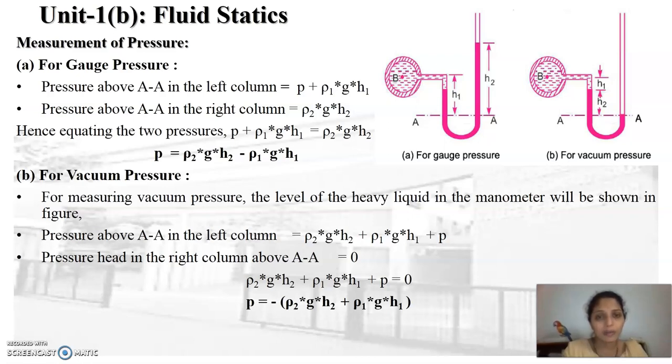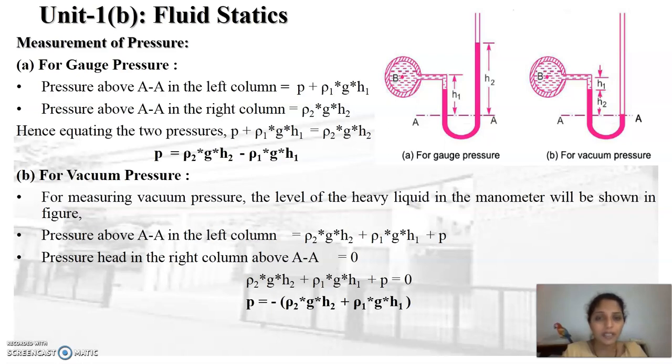Now we have to determine the pressure at point B. For the equilibrium condition above the AA line, the pressure in the left limb and right limb is the same. So we equate the pressures of the left limb and the right limb. Therefore we obtain that the pressure at point B is equal to ρ2gH2 minus ρ1gH1. So this is the formula. In that way we can determine the gauge pressure at a particular point B inside the tube.